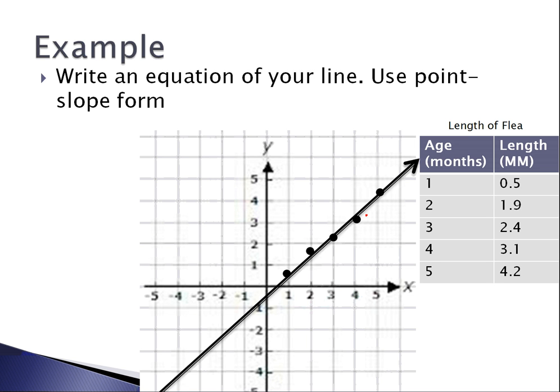What I have to do is pick out points that I can use to come up with slope. The problem is I can't necessarily use the points I've already plotted because some of them just aren't on the line. So what I will tell you to do is find an intersection between the x and y axis lines where you can say that's definitely a point on that line.